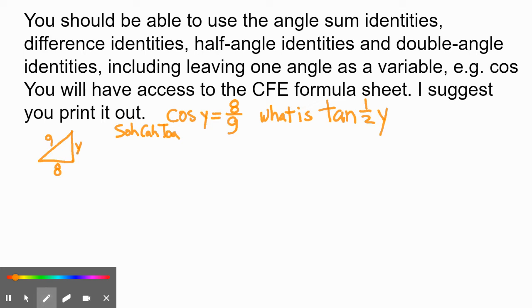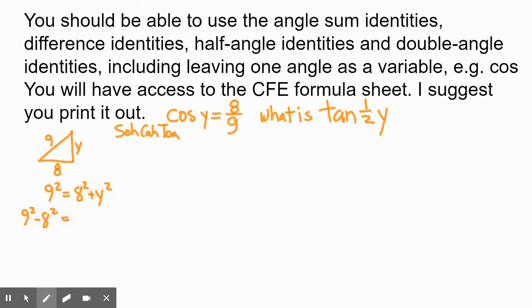So what that's going to make us do is go 9 squared equals 8 squared plus y squared. And then we're going to subtract 8 squared from both sides, equals y squared. And then we're going to take the square root of both sides. Square root of 9 squared minus 8 squared equals the square root of y squared, which is just y.